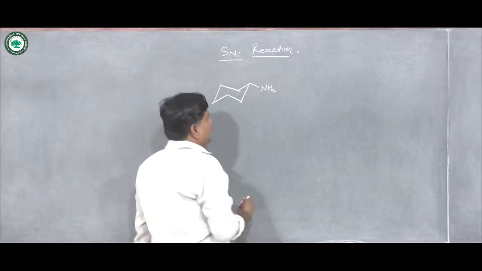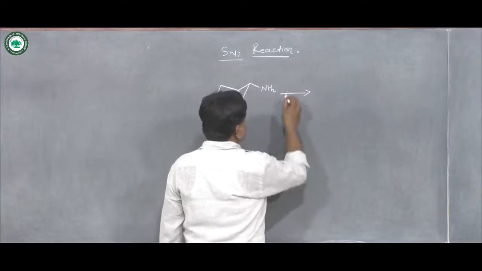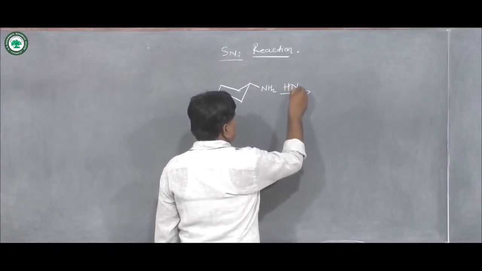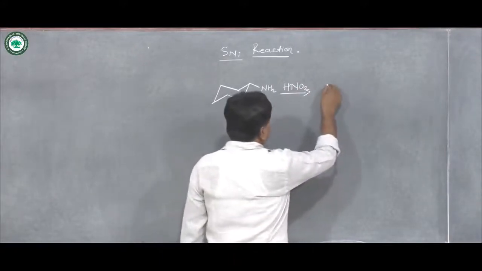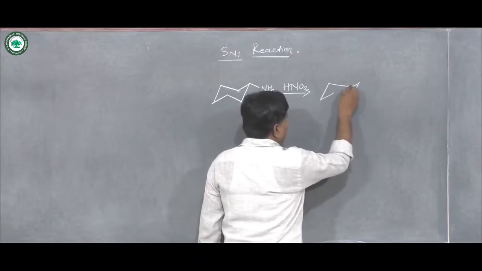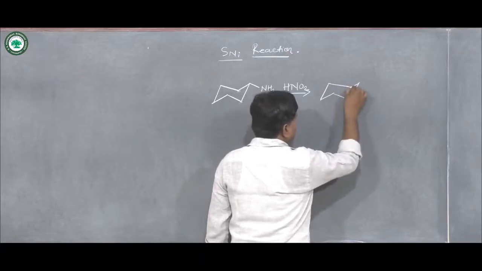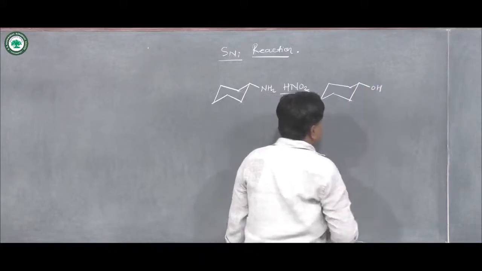So how that is possible we can see here. HNO2, at that time it will convert into simple cyclohexanol.